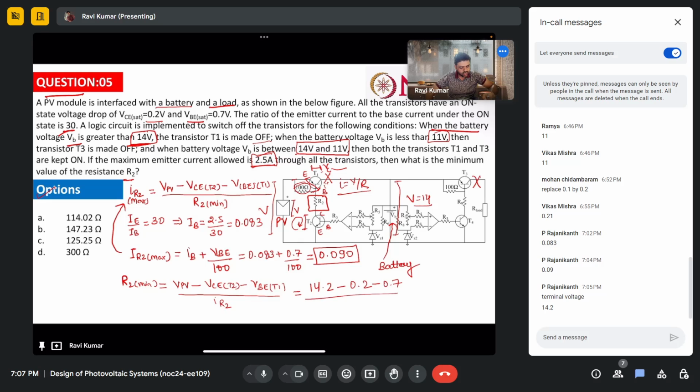VBE is already given. What is the value you got for the current? Sorry, current 0.090. Solve this, you will get the R2 minimum. What is the value you are getting? 14.2 minus 0.2 minus 0.7 divided by 0.090.